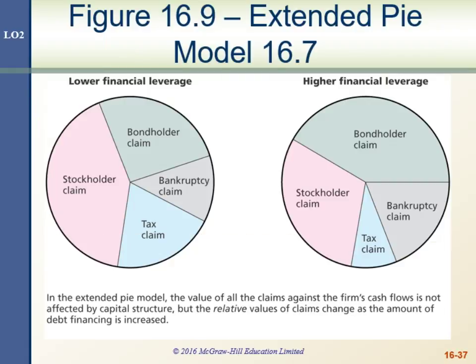Now, moving on, we talked earlier in the text about the pie. Essentially, the value of the asset, the cash flow from the assets, we discussed that in Business 370 way back early in, I think it was like chapter 3 of the textbook.